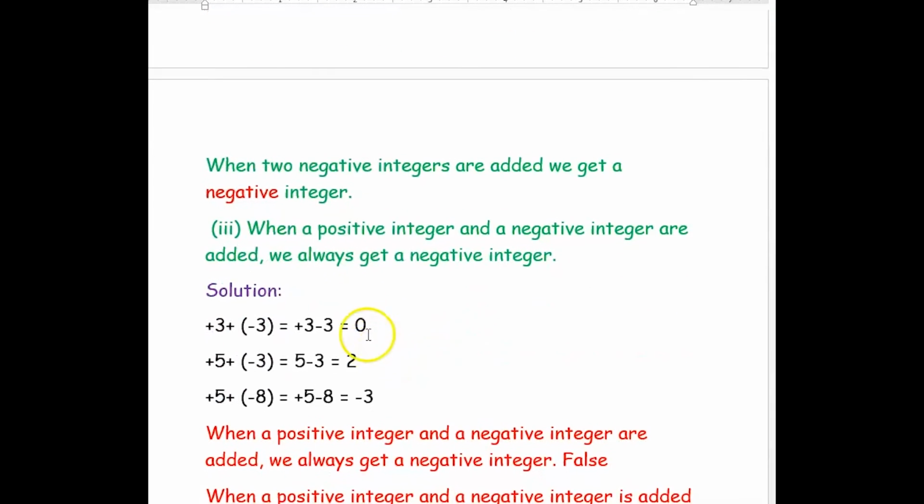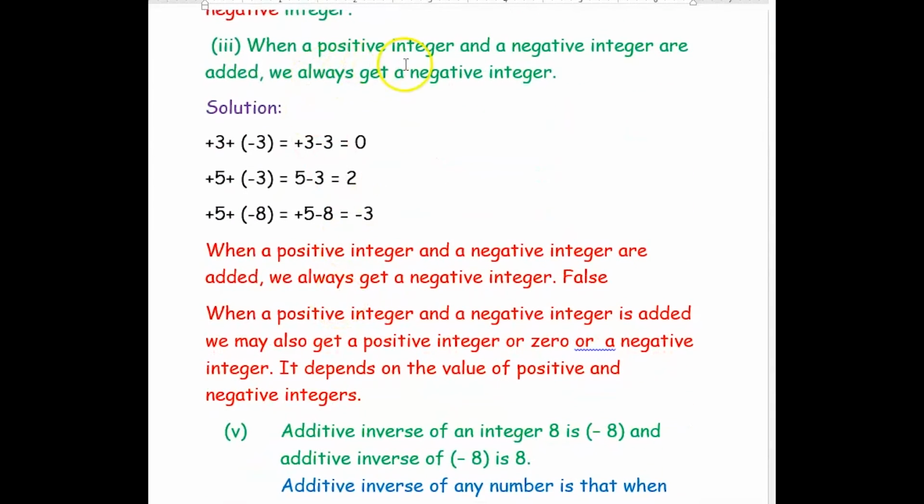The next one is: when a positive integer and a negative integer are added, we always get a negative integer. So a positive integer plus 3 added to a negative integer negative 3, positive 3 plus negative 3, you will get 0. If it is positive 5 plus negative 3, it will be 5 minus 3, which is 2.